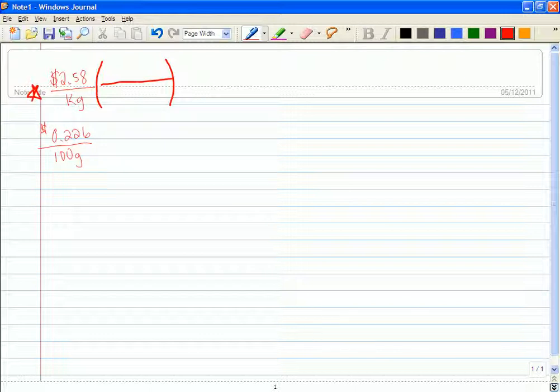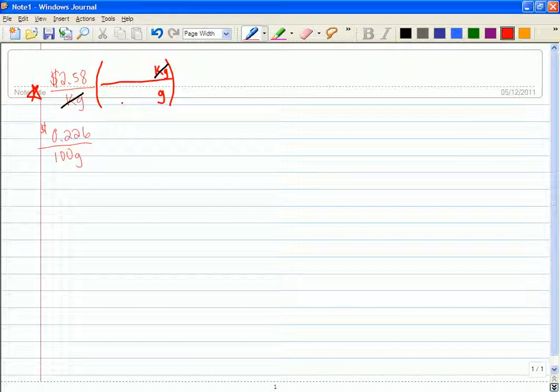What units should disappear here? Kilograms should disappear. So do I put kilograms on the top or the bottom? If I put kilograms on the top, I'll have grams on the bottom. And the reason is now kilograms will divide out of the top and bottom.